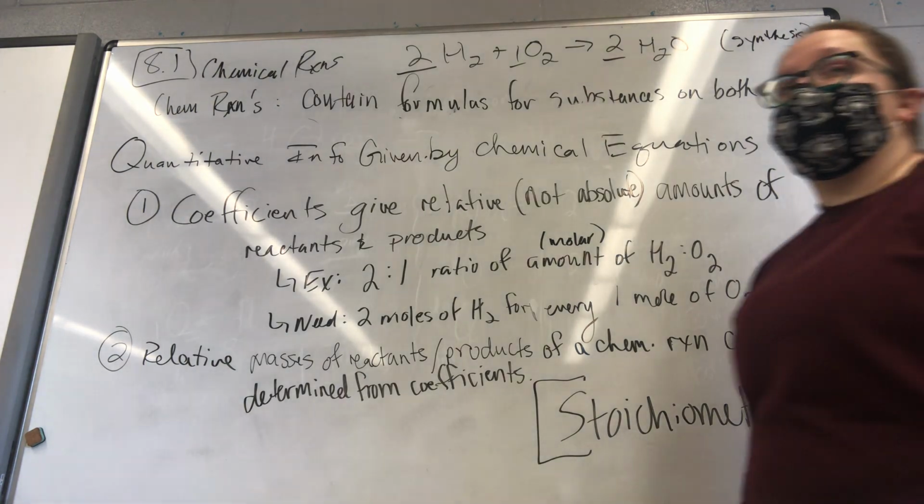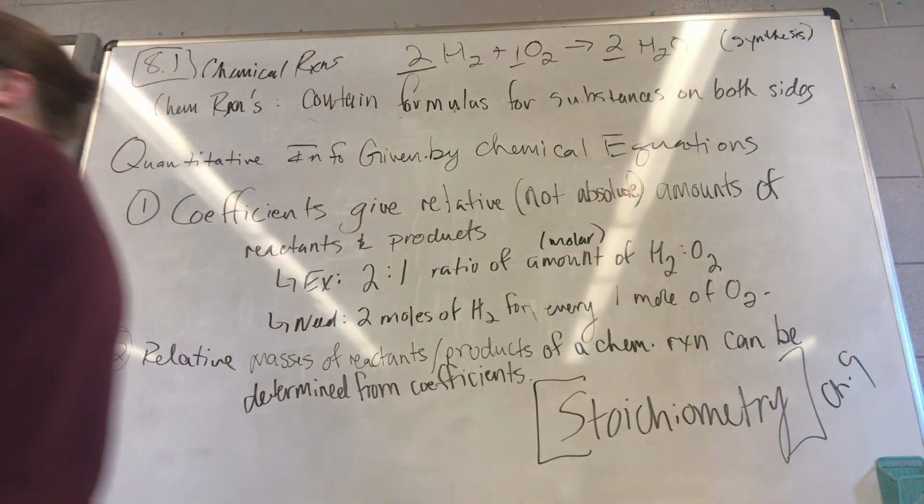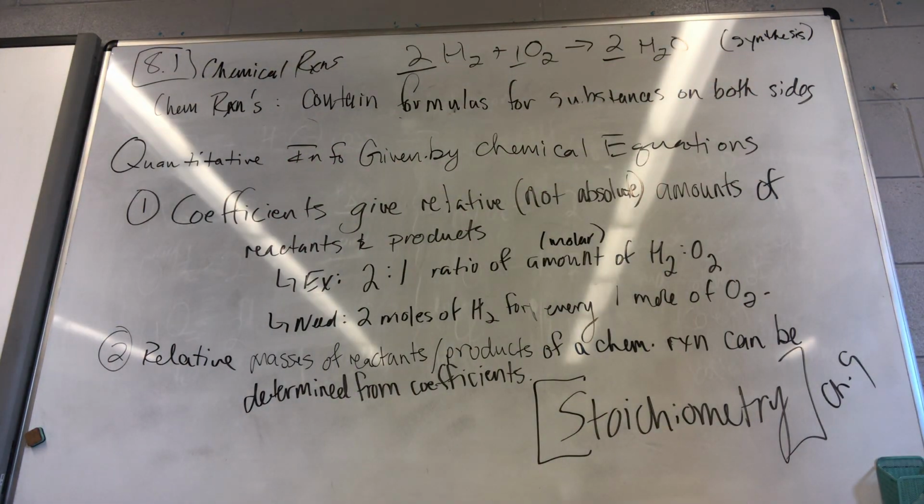That's common for you in chapter 9. In other words, what we're saying is we can use the coefficients of a chemical equation to determine mass information.